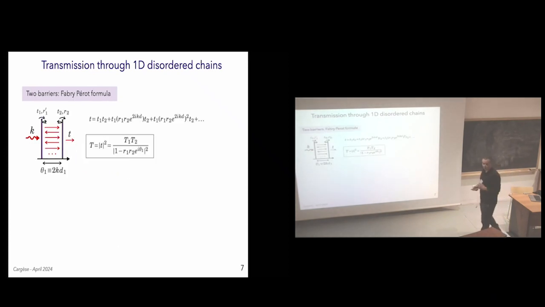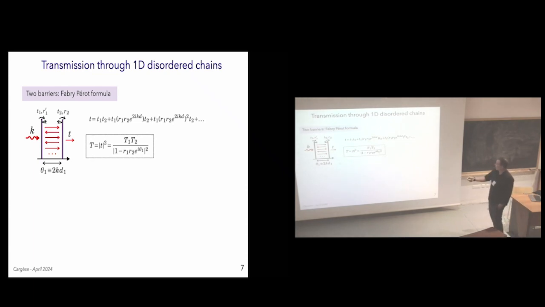Okay, so to understand in a bit more detail what's going on in this system, let me first consider two barriers. If you have two barriers, you have a Fabry-Perot, and therefore the amplitude transmission is just obtained by summing all possible interference reflection processes inside the cavity. This sum is an algebraic series, and it gives you the well-known Fabry-Perot formula.